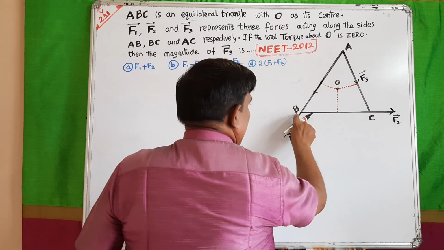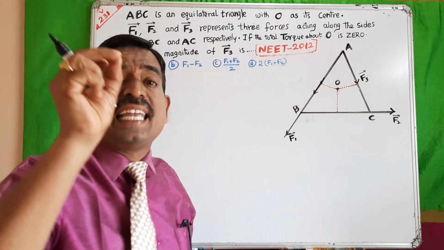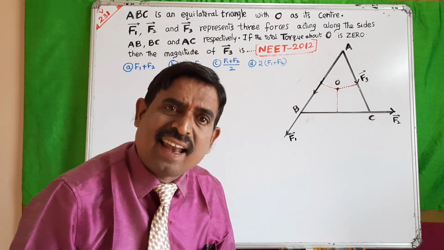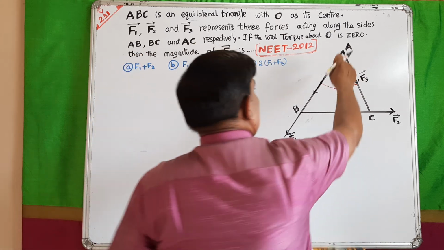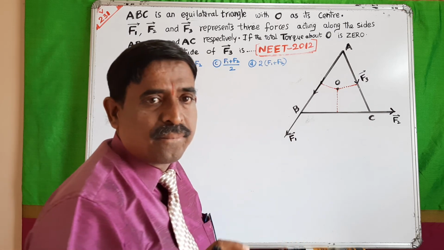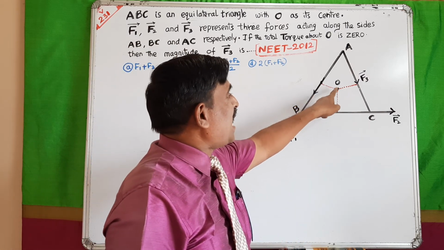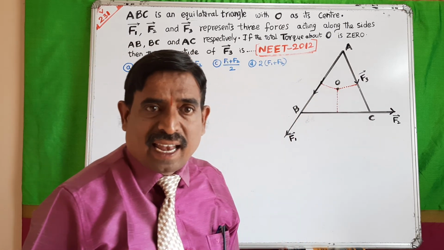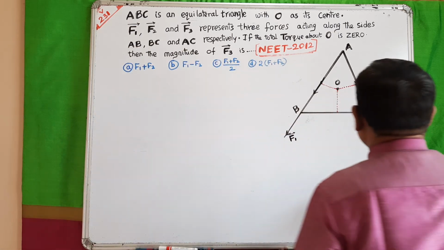ABC is an equilateral triangle. All sides are equal, all angles are equal. O is the center of the triangle. Now please listen.